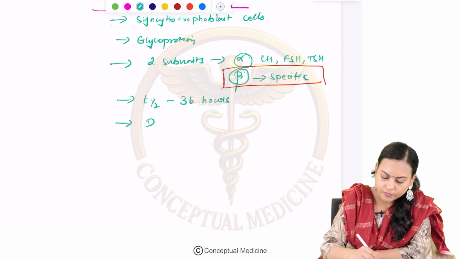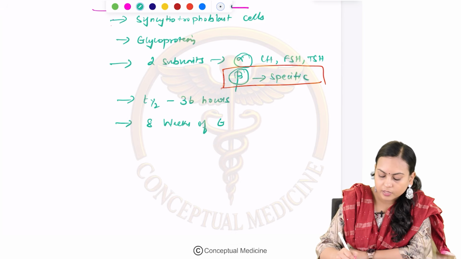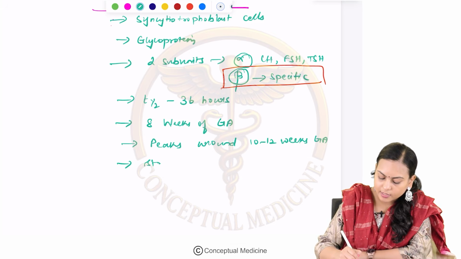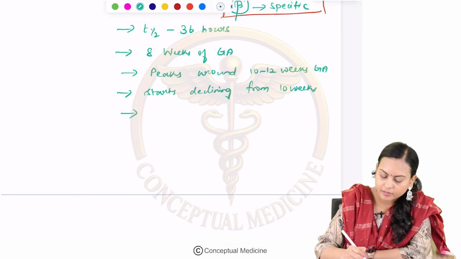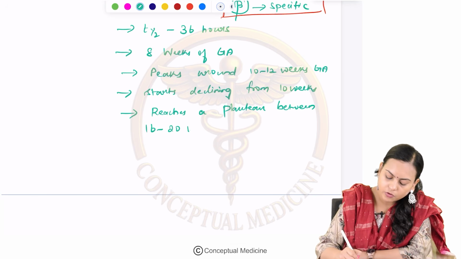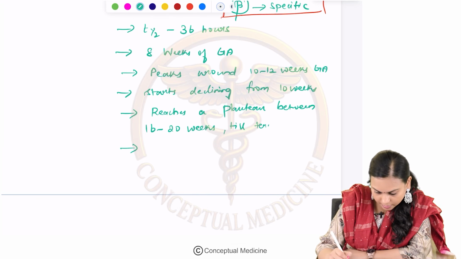And this hormone is seen as early as 8 weeks of gestational age and it peaks around 10 to 12 weeks of gestational age, and it starts declining from there and then it reaches a plateau between 16 to 20 weeks, and the same values are maintained till term.